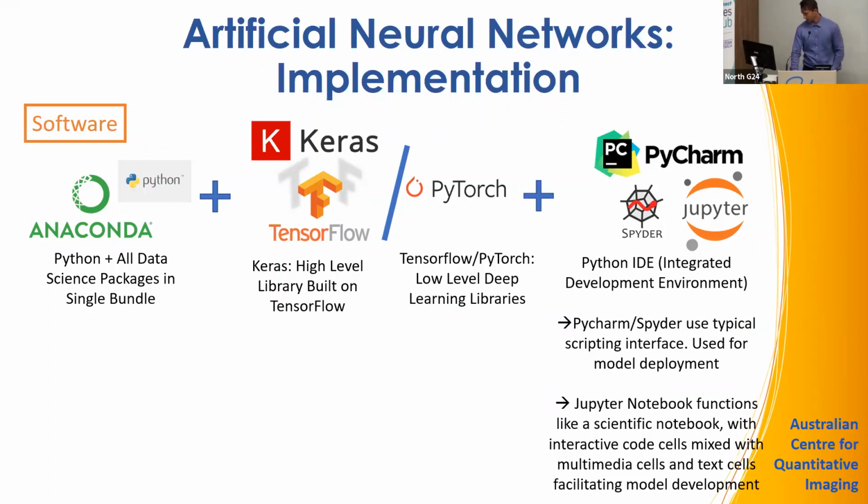And finally, you're going to need a Python IDE, or integrated development environment. The three most used ones are PyCharm, Spyder, and Jupyter Notebook. With PyCharm and Spyder, the layout is a typical scripting interface. You don't get many fancy functions, but it's mainly used for model deployment. On the other hand, Jupyter Notebook functions more like a scientific notebook, where you have interactive code cells mixed with multimedia cells or text cells.